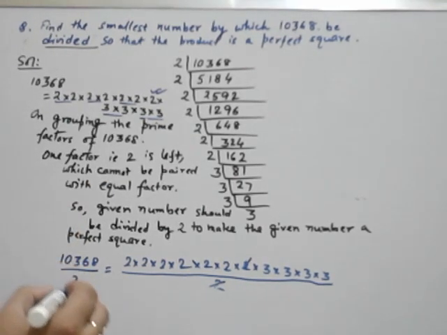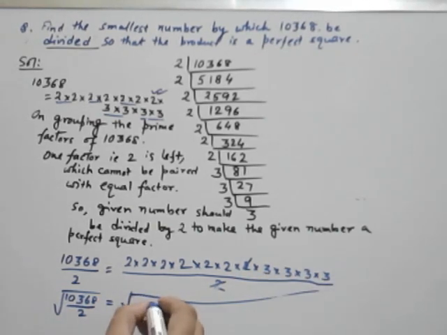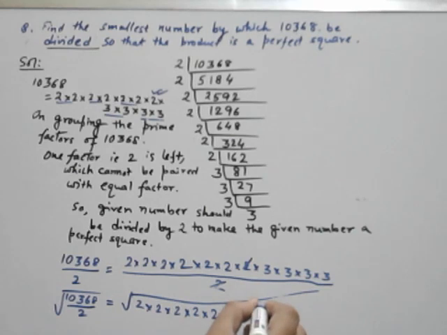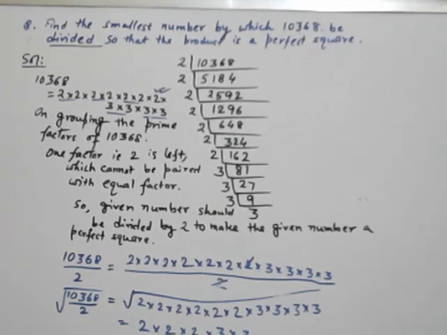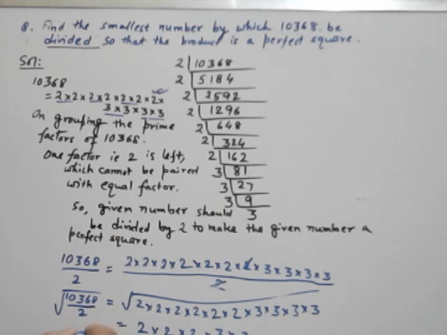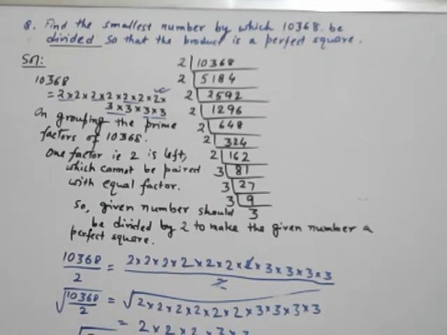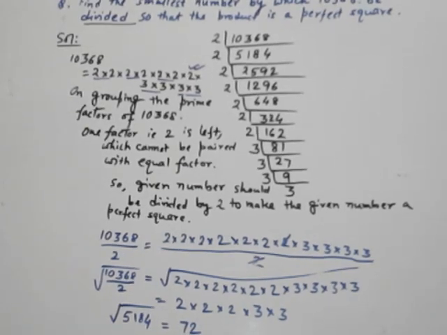Now square root of is 72. So square root of the new number is 72. Now let's take another example.